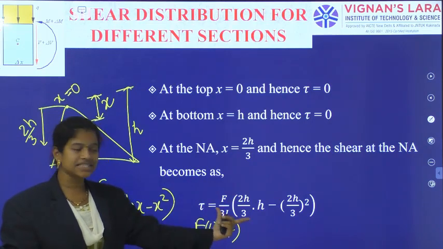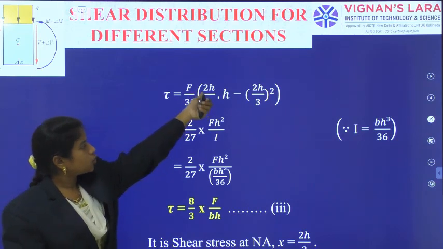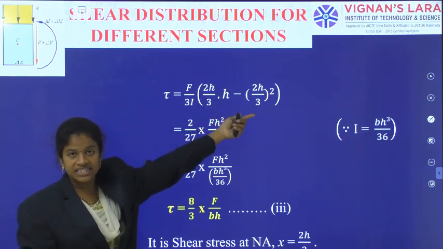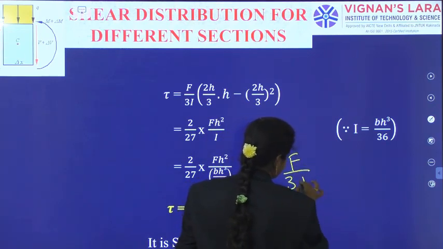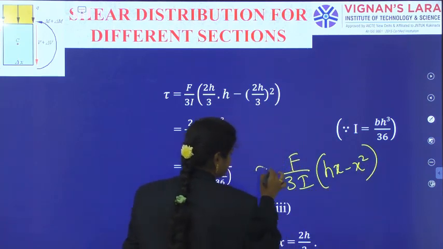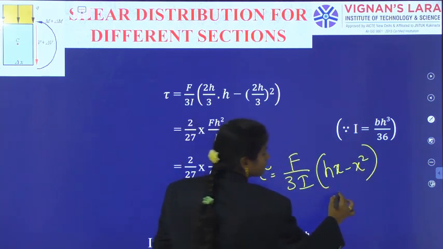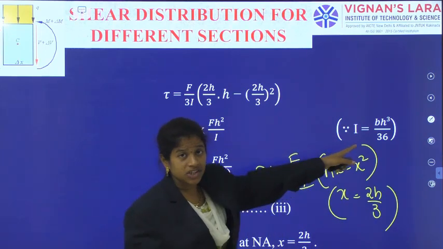Now substituting in this equation, after the rearrangement, F by 3I into (hx minus x square), where x is equal to 2h by 3 as the neutral axis is there, and I is equal to bh cubed by 36.